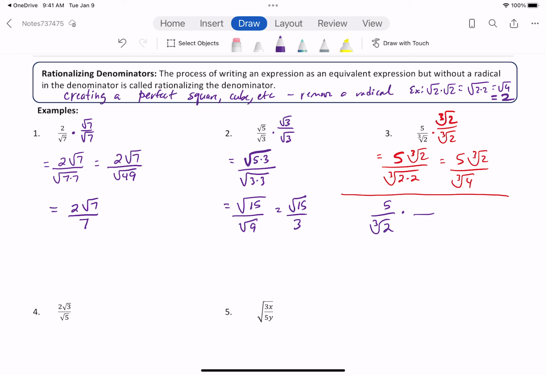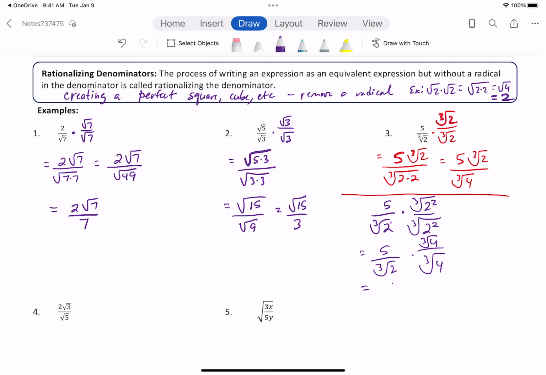To make it a perfect cube, we're actually going to need 2 more. Now, if you want to write that as cube root of 4, that is also fine. I'm just trying to illustrate there that this is 2 to the first, so we need 2 to the second to give me 2 times 2 times 2, which is the perfect cube. Okay?